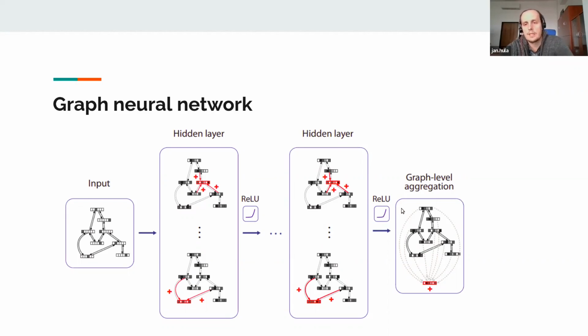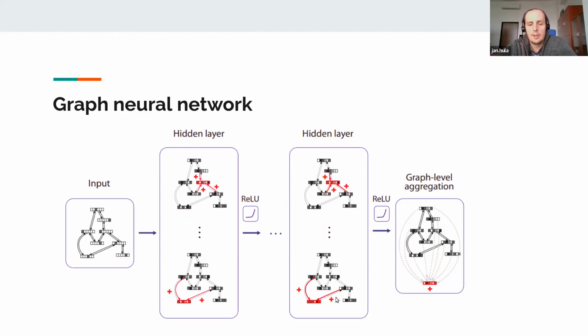For example, if we are dealing with molecules, we may want to classify the whole graph which corresponds to this molecule. And there we need to aggregate all the feature vectors from all the vertices into one vector, which we finally classify by some multi-layer perceptron or something like that.